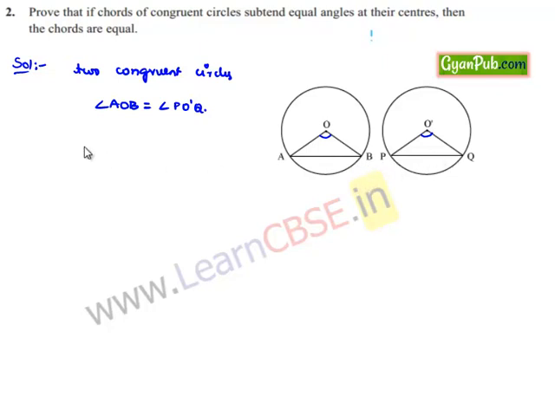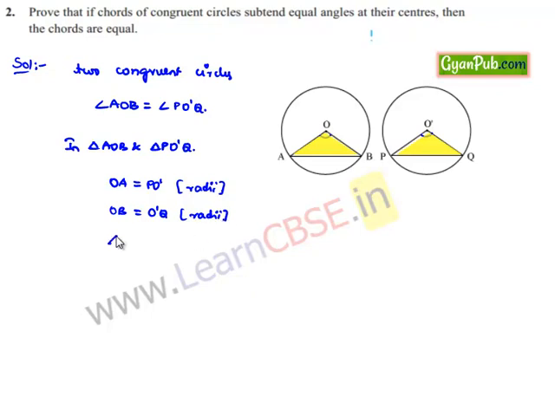In order to prove this, let us consider in triangle AOB and triangle PO dash Q, OA is equal to PO dash. Since both the circles are congruent, we can say the radii will be equal, and OB is equal to O dash Q. They are also the radii of the circles, and he has given that angle AOB is equal to angle PO dash Q.